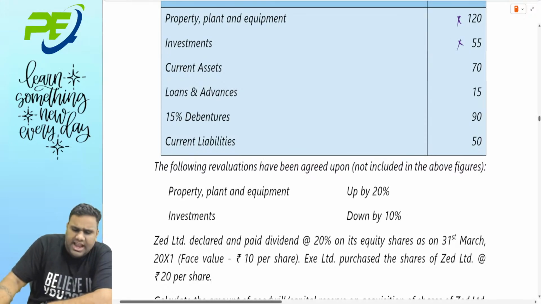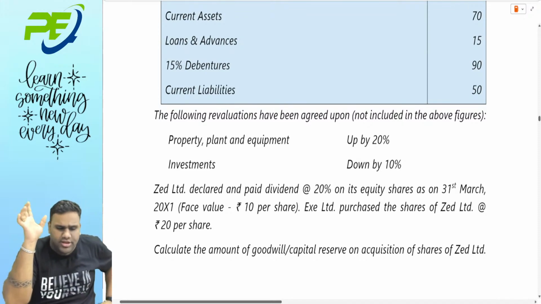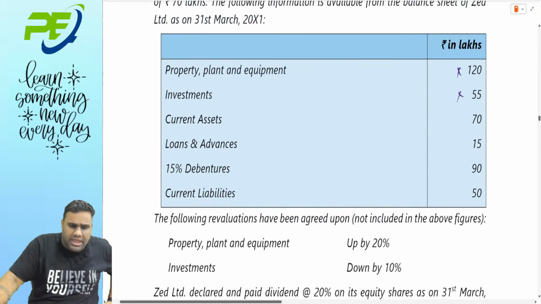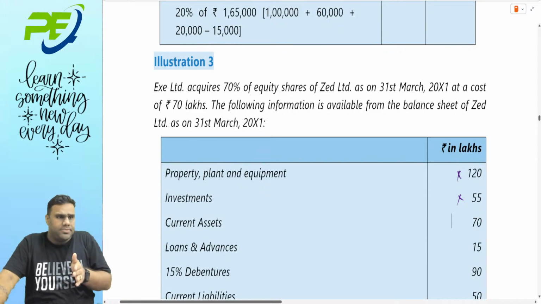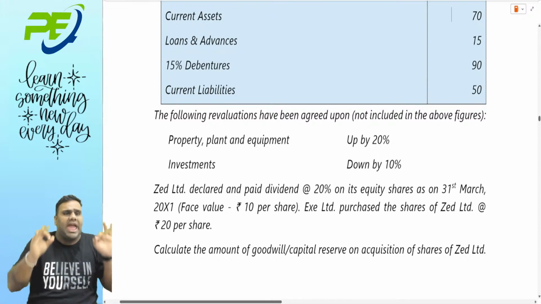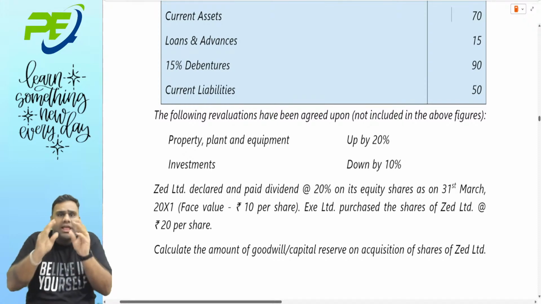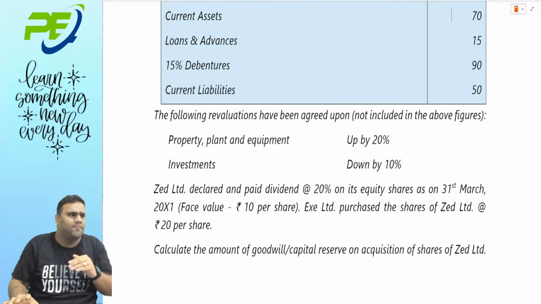Z Limited declared and paid dividend at 20% on its equity shares as on 31st March 20X1. When did we acquire? End of the year. And they have declared for the year ended 31st March 20X1. Tell me, as per AS 13, should this amount be reduced from the cost or credited to P&L?